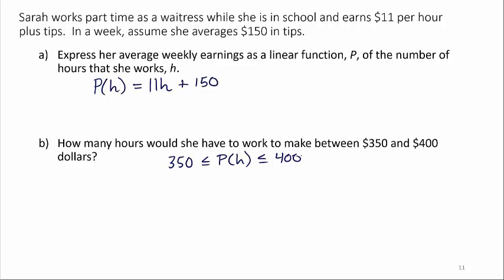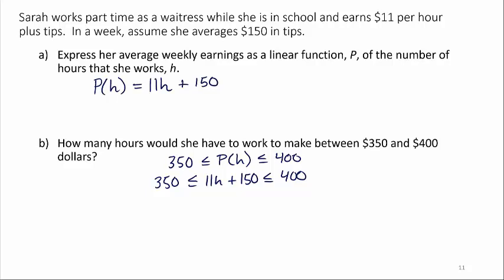Okay, so now what is P of h? I'm just going to make a substitution in there for P of h because we defined P of h as 11h plus 150, did we not? Yeah. So then we have a three-part inequality, 350 less than or equal to 11h plus 150 less than or equal to 400. Okay, so that's a three-part inequality that we can solve, right?